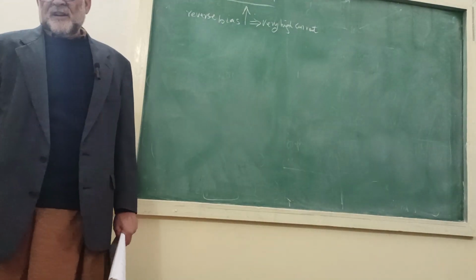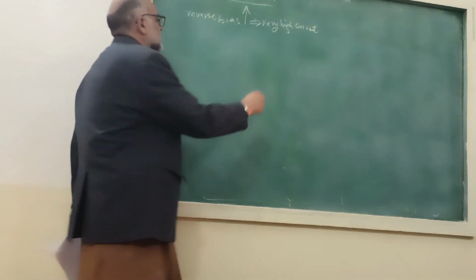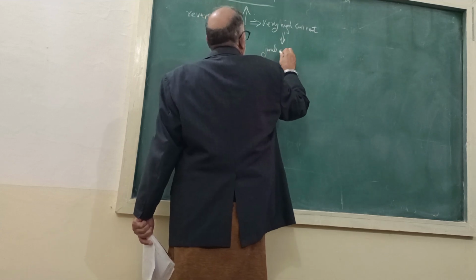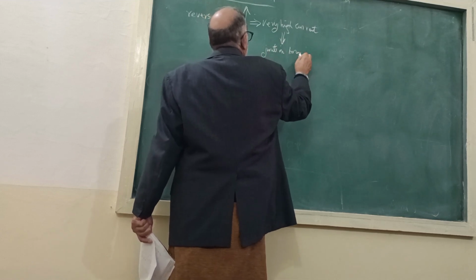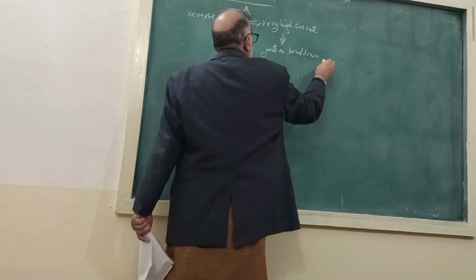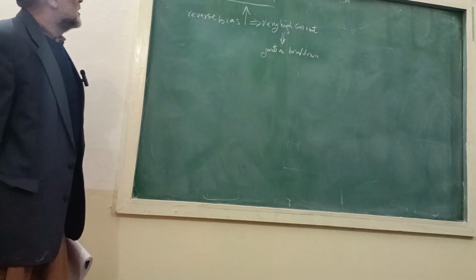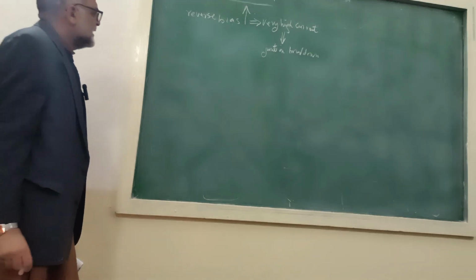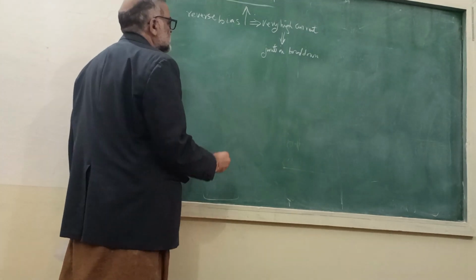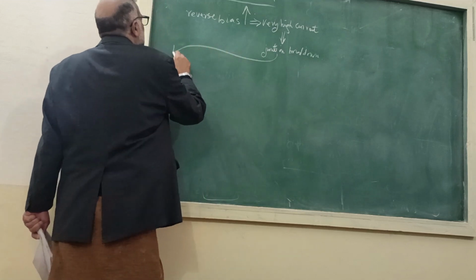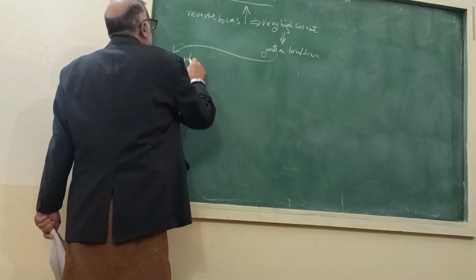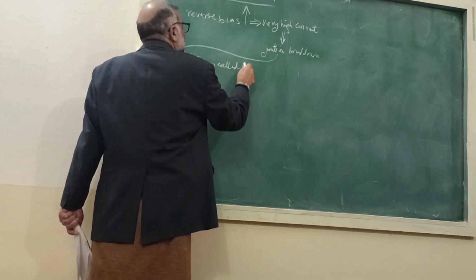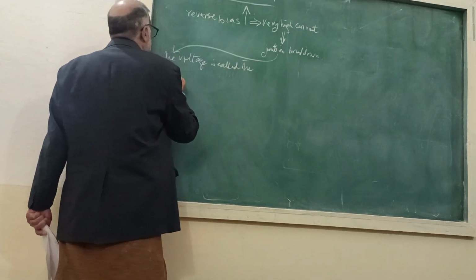This very high current is called junction breakdown, and the voltage is called the breakdown voltage.